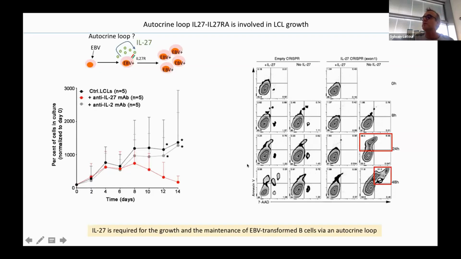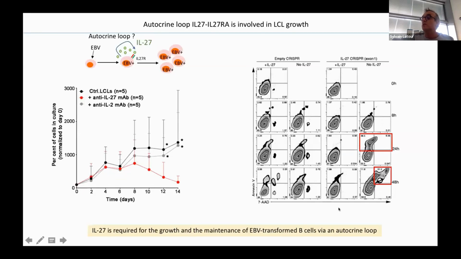And the second thing that we did, we inactivated the IL-27 gene by CRISPR-Cas9, and cells were maintained with IL-27. Here you see the cells that have been CRISPRed for IL-27. And when we remove IL-27, the cells rapidly die in culture.